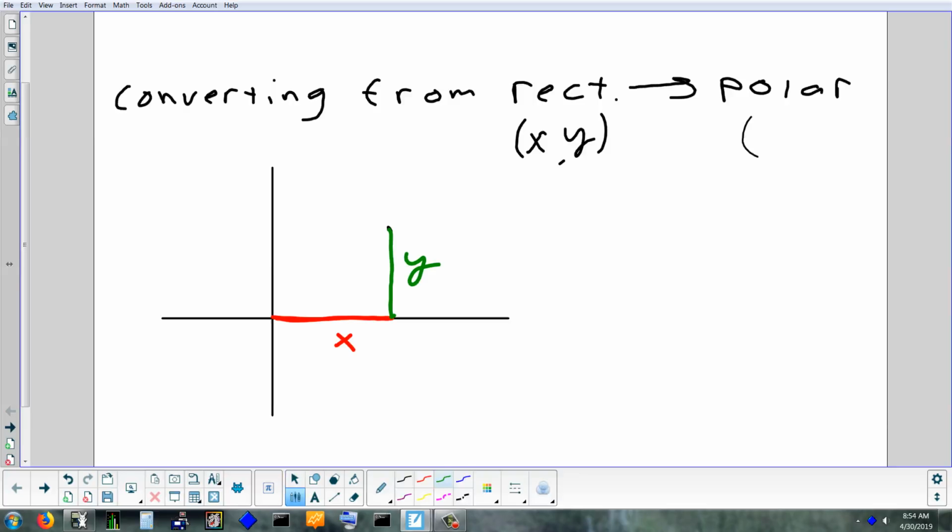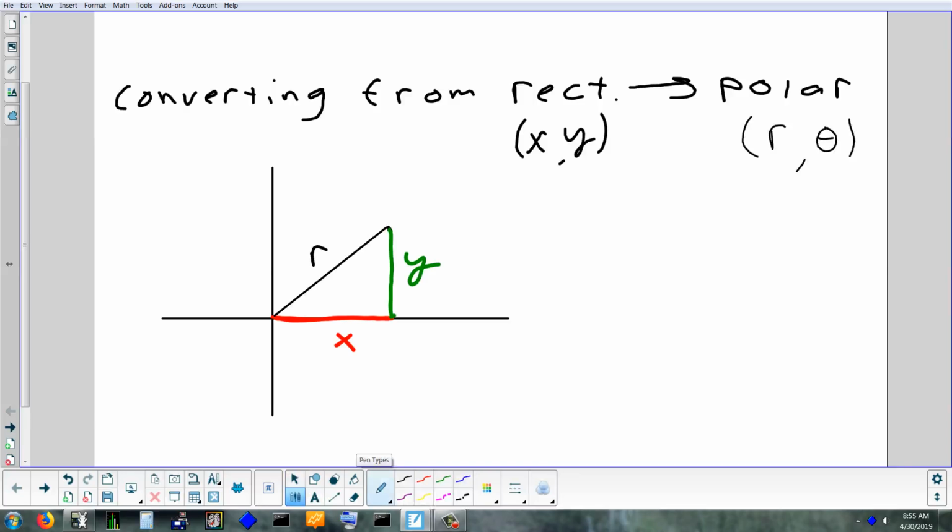In polar, what are the two things that you need to know? Well, x and y is rectangular. Radius and the angle. The radius is that. So somehow you have to take the x and the y and convert it into r.